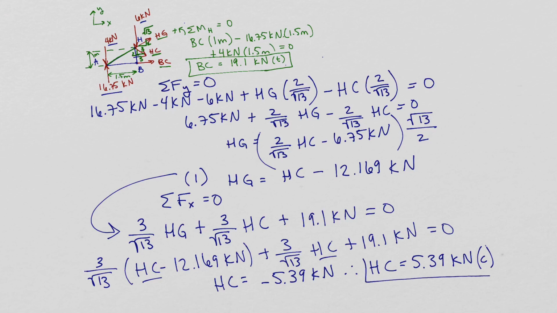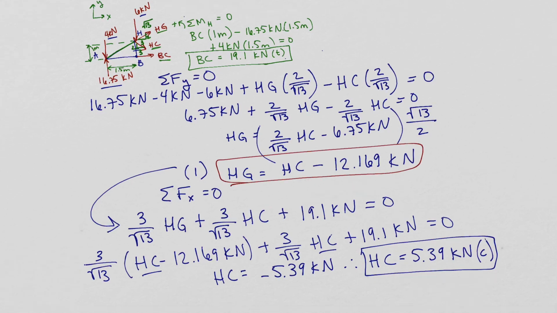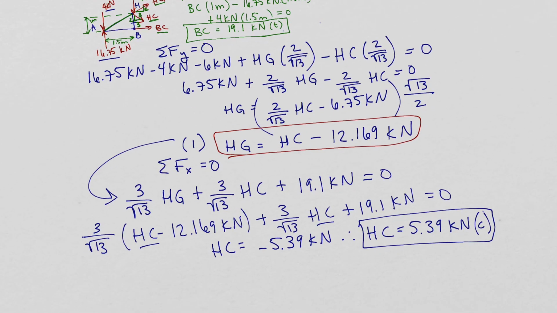So now we have Hc, and we have Bc. Now we just need Hg, and we have this equation here. So let's put that into the equation. We get Hg equals Hc, which is negative 5.39 kilonewtons.